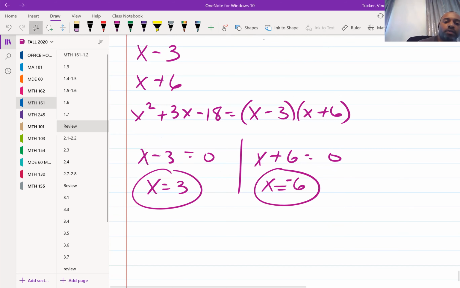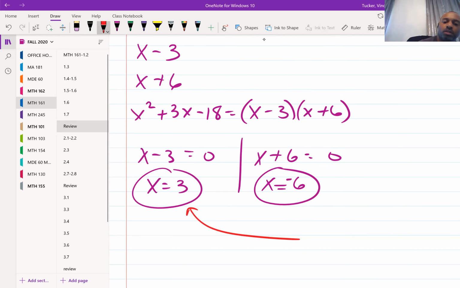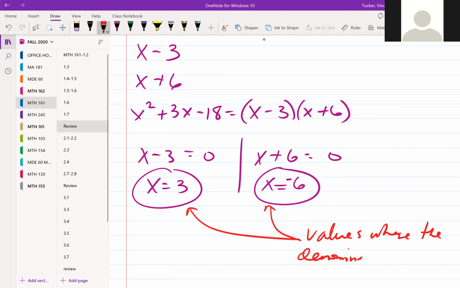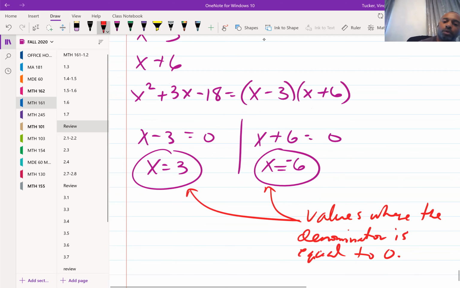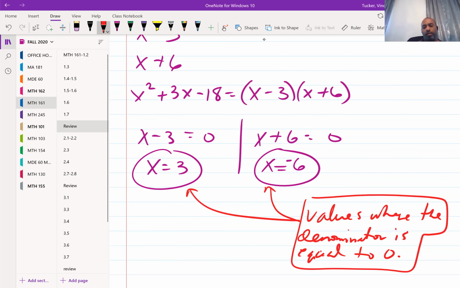Both of these values, it's going to be 3 and negative 6. Yep. So both of those values are values where the denominator is equal to 0. All right. So were you okay with that part? I got that part. Okay.